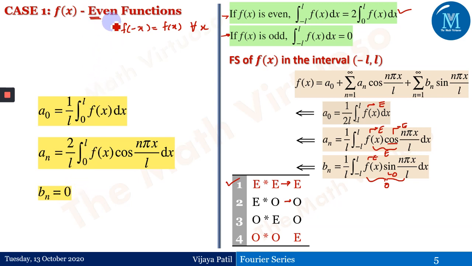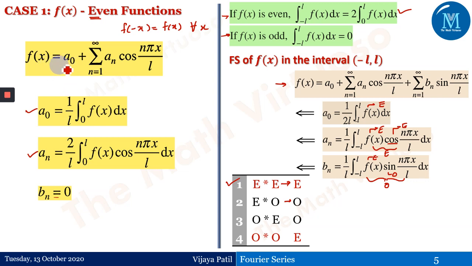So ultimately what am I going to get? a0 I need to find out, an I need to find out, but bn I am going to get as 0 when my function f is even. Therefore, this series becomes f of x equals a0 plus summation of an cos of n pi x by L, with n moving from 1 to infinity.